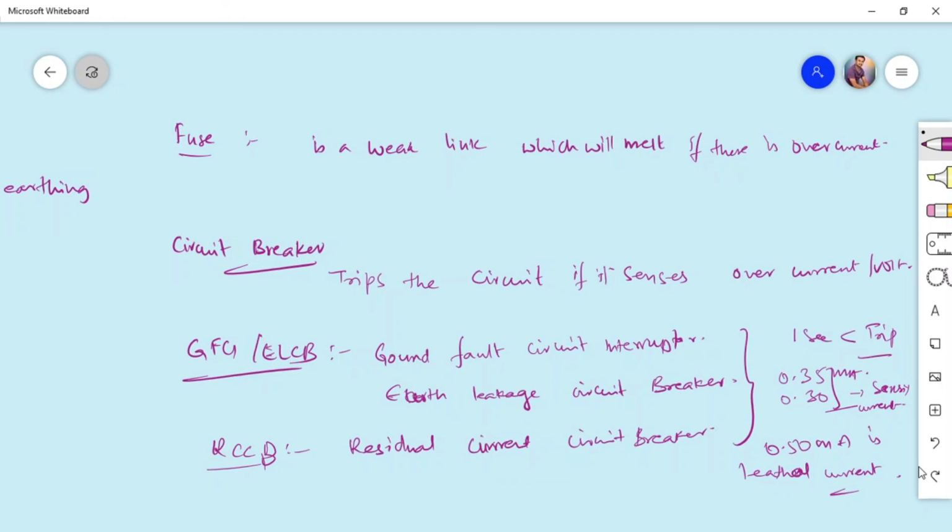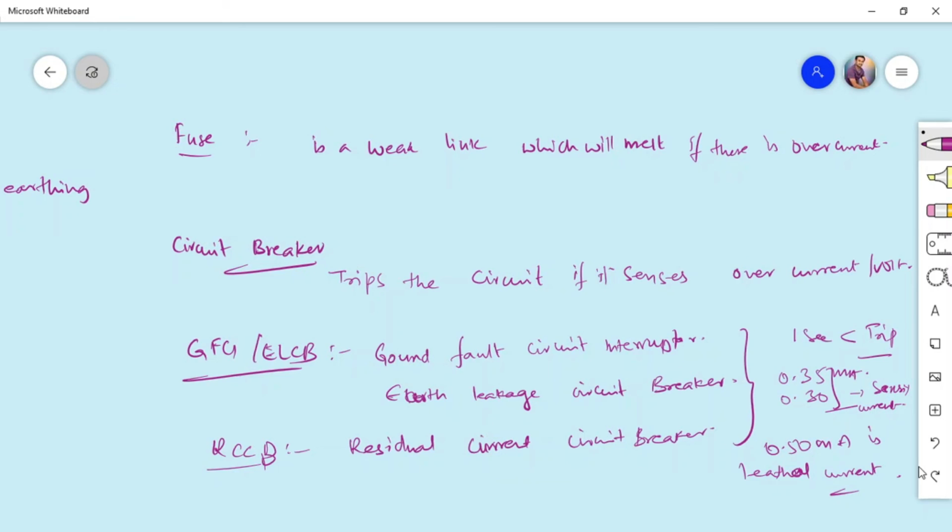Here we have two concepts. This concept is related to the human body. When you are in direct contact with a wire and you are electrocuted, you are in a state of shock.